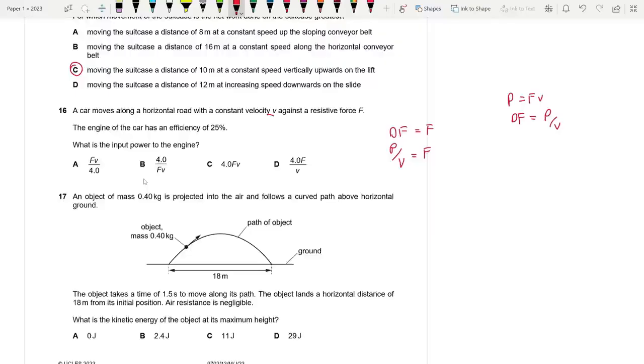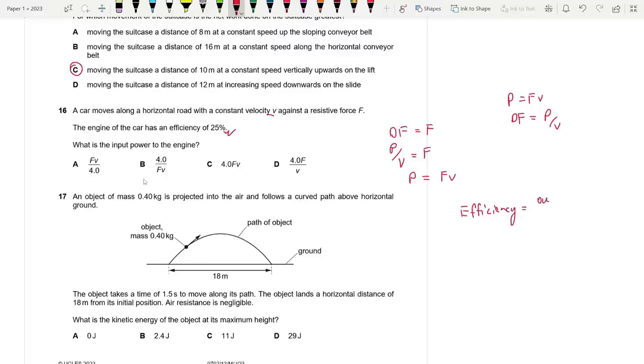Now the engine of the car has an efficiency of 25%. So I'm finding out the output power at first. Okay, so the output power is equal to F times V, resistive force into velocity. Now what is the formula for efficiency?